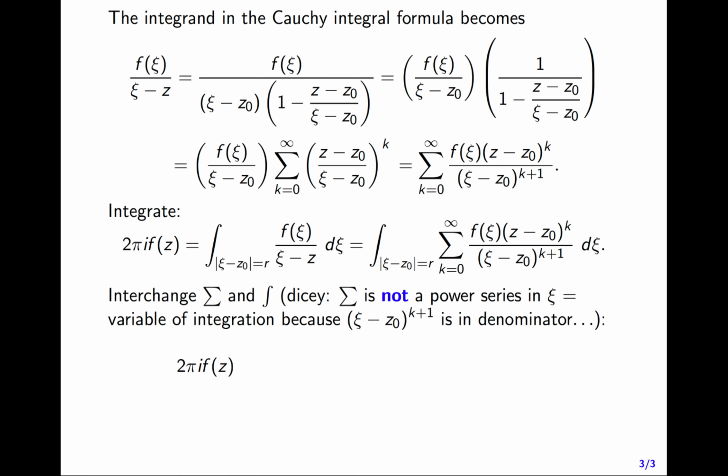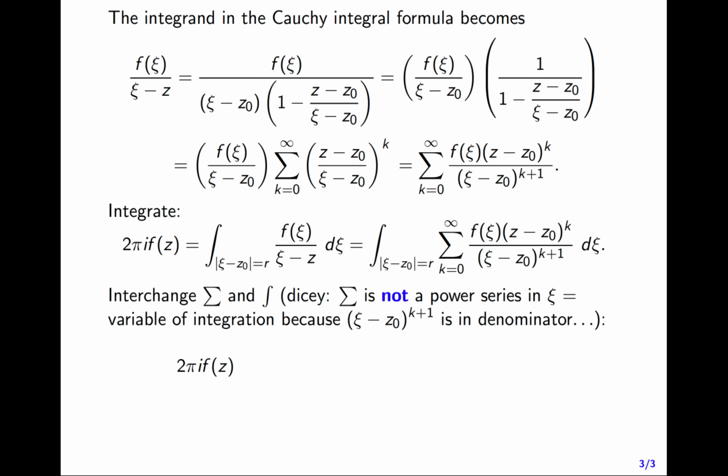But here's the thing. The integral is taken with respect to the variable c, not z, and here c is in the denominator. So this integrand is not really a power series, but nonetheless, some more technical theory on interchanging sums and integrals and uniform convergence allow me to do this. We are simply going to accept this as true.